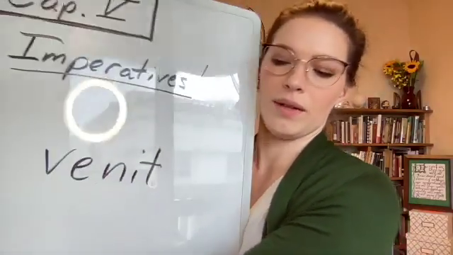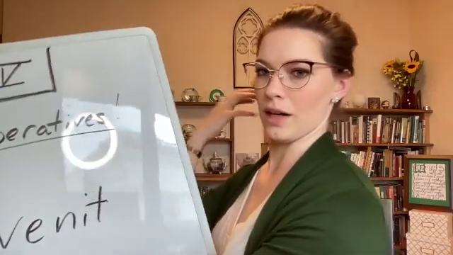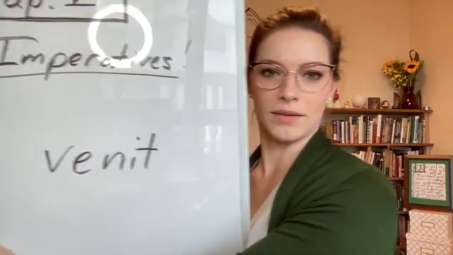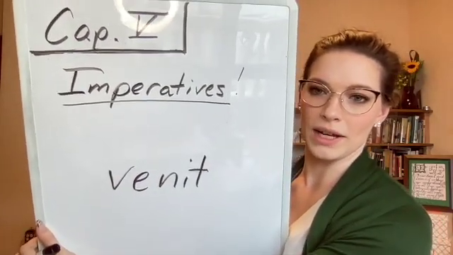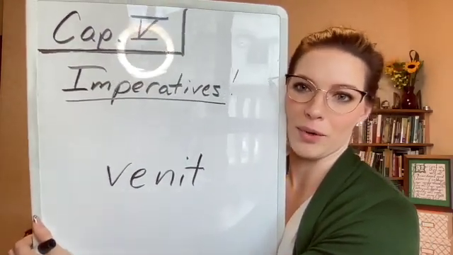I know what I want. Sorry, I had to think for a second. All right, I want the singular command for come here. If I wanted one student to come up to the whiteboard and I said, come here, how would I turn this into a singular command? Sorry, I'm trying to figure out my angles here. There we go. I want one student to come up to the whiteboard.